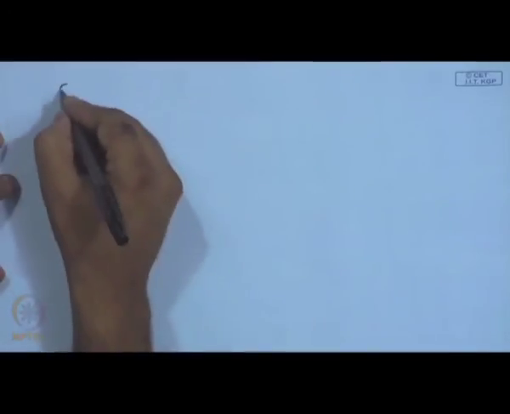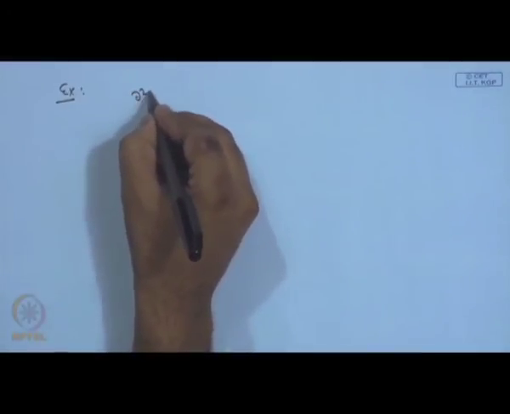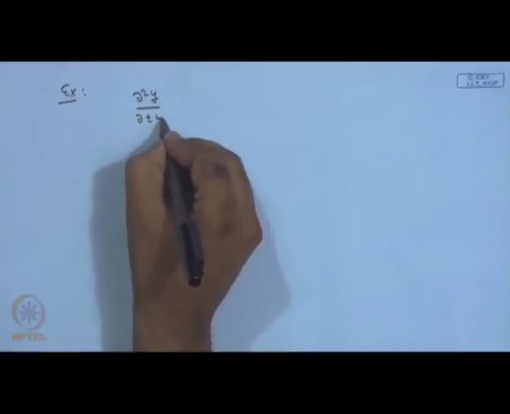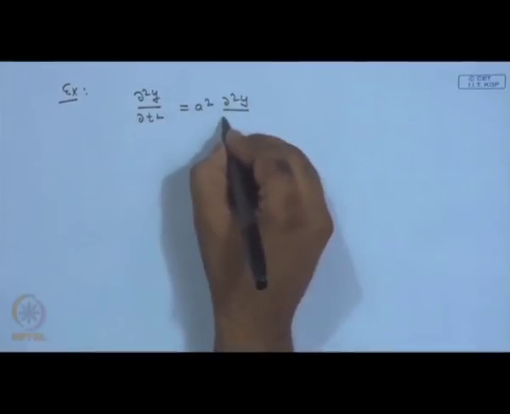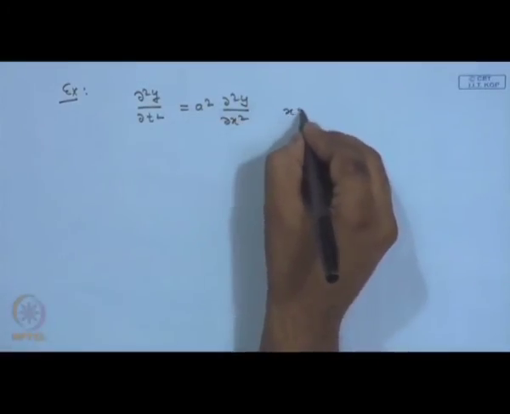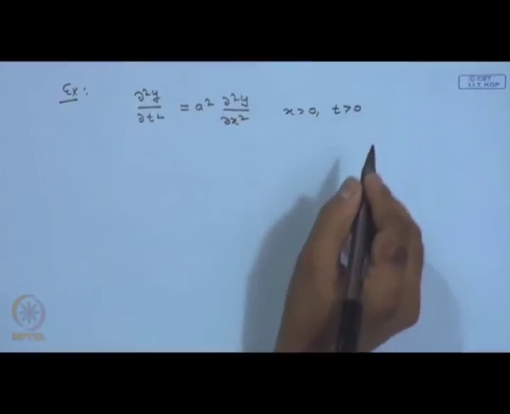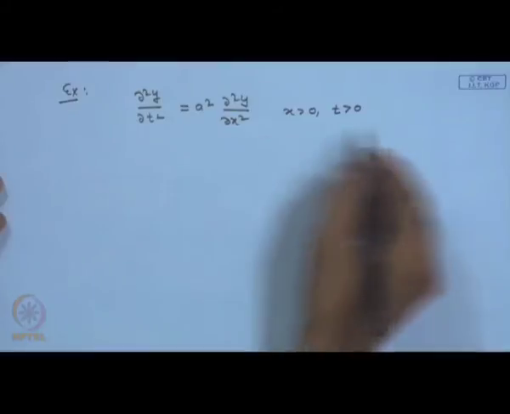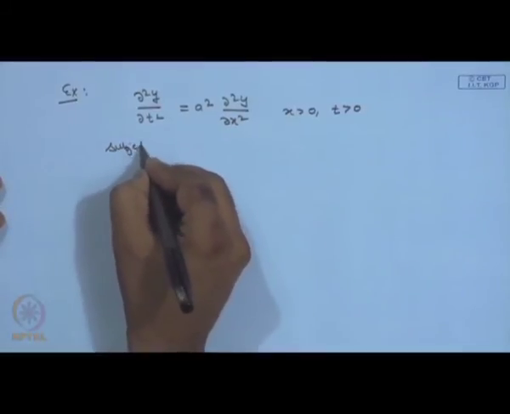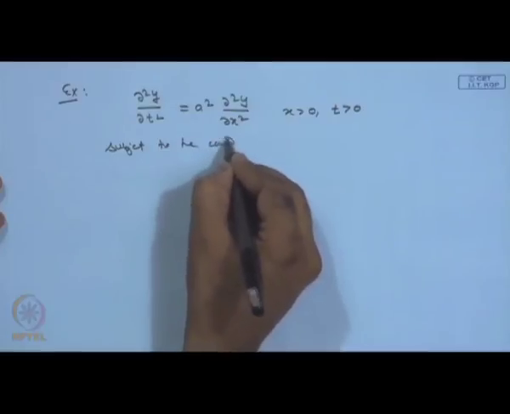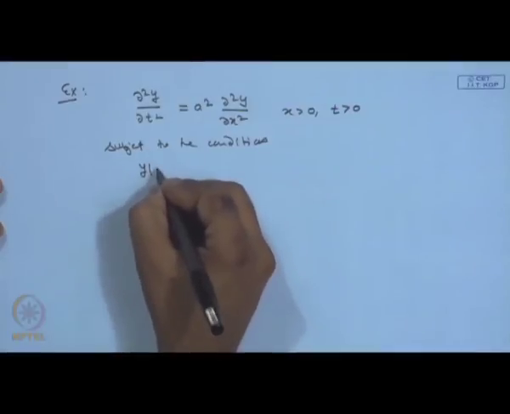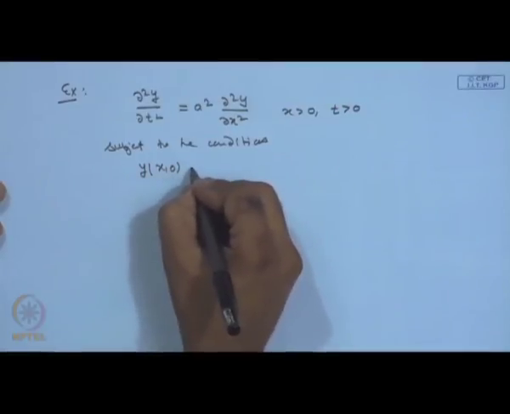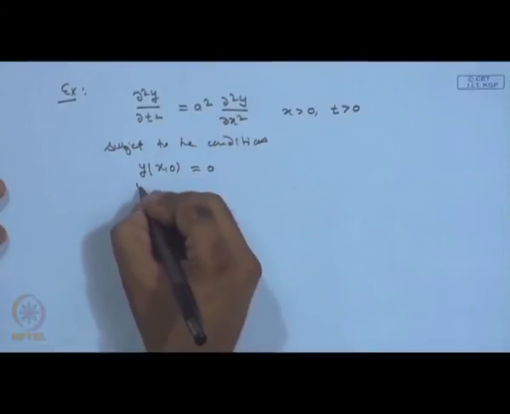Now, we consider the example of the one dimensional wave equation, that is del 2 y over del t square is equal to a square del 2 y over del x square, where x is positive and t is positive. So, in this case we have, subject to the conditions, that y at t is equal to 0 is 0 and also y t.